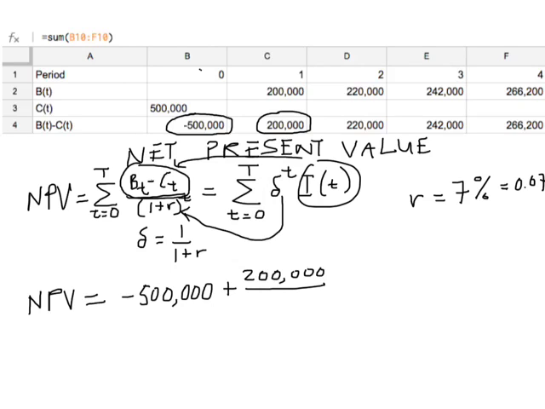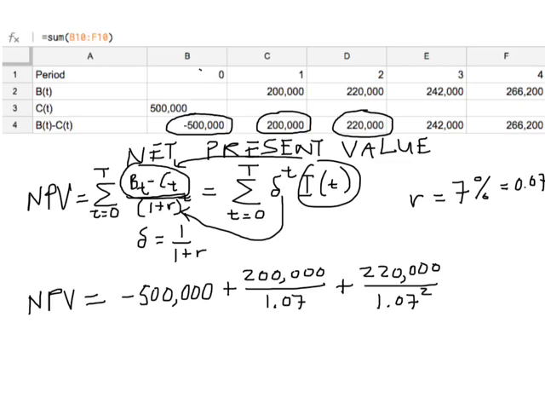So 1 plus 0.07 is 1.07 to the power of 1. Well, that's just 1.07. Now, I have to do something about this second period term. In an undiscounted form, it's 220,000, and I need to discount that. But now it's coming 2 years out, so it's 1.07 squared.